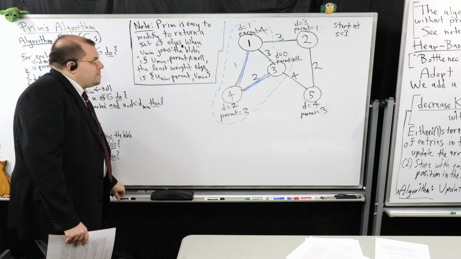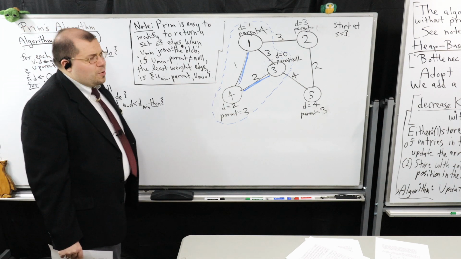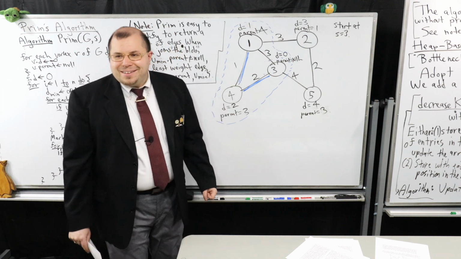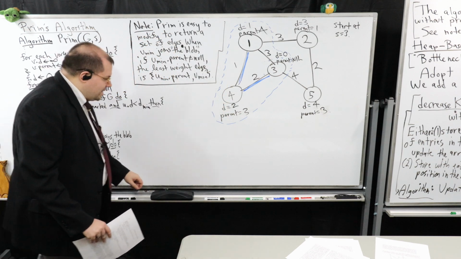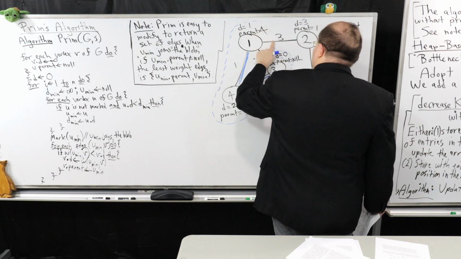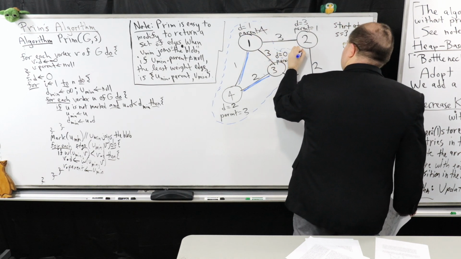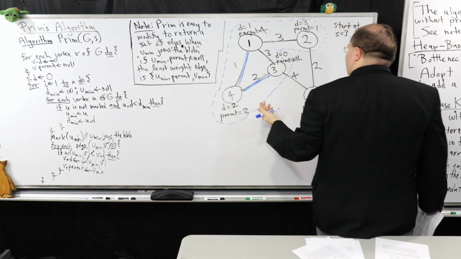So, next, which vertex does it pick next? Which one is going in the blob next? Yeah, vertex 2. So let's put vertex 2 in. Vertex 2 is going in the blob. Why? Because this D value is 3 versus 4 here.